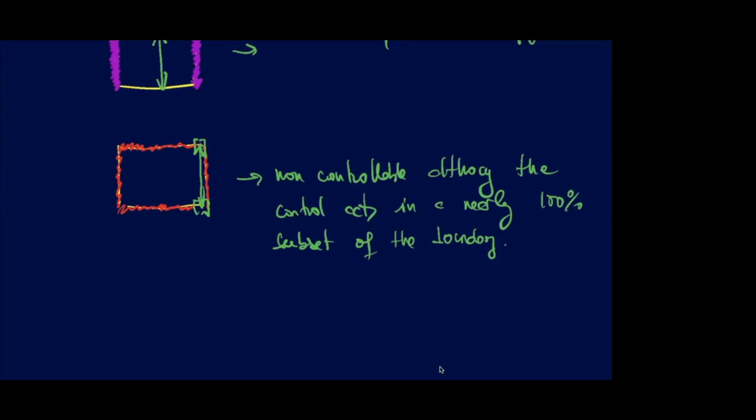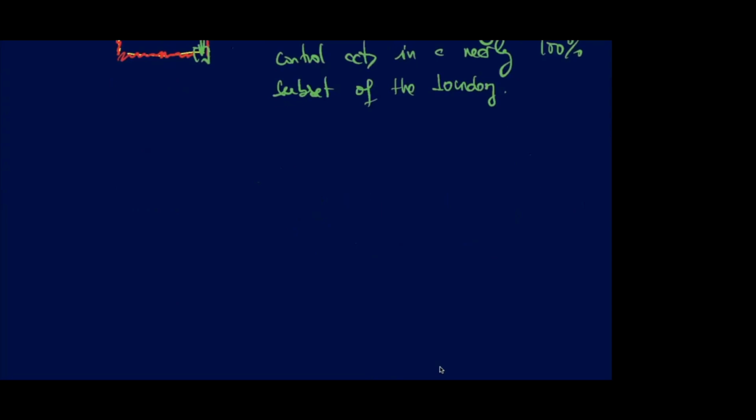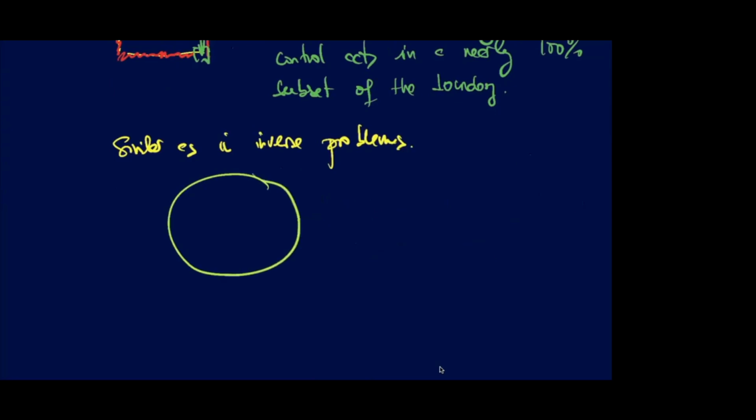The same will happen if you were dealing with an inverse problem, right? So, similar as in inverse problems, if you are trying to get some image of the brain, and you just take one ray and then another ray and then another ray, of course, there can be anything in here, and you will never be able to see it, because your rays are not passing by.